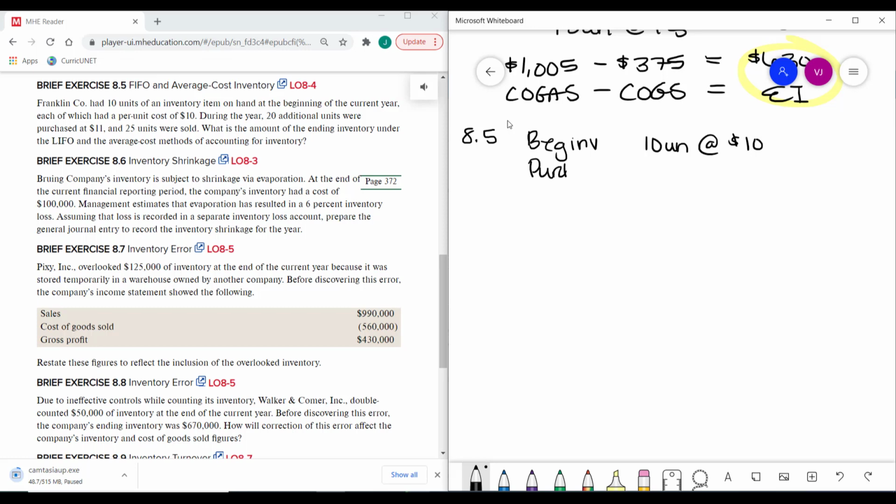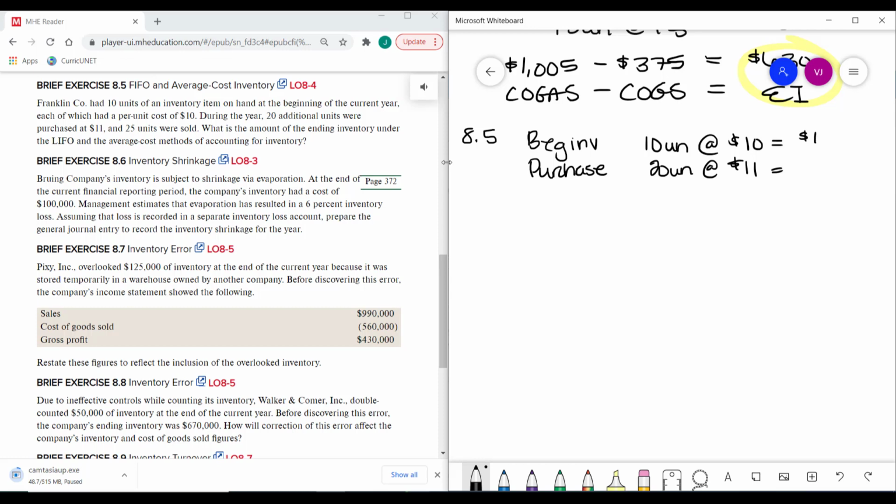Okay, so we have purchase. They purchased 20 units at $11, and 25 units were sold. Okay, we'll keep that off of there. What is the amount of the ending inventory under the LIFO and the average cost methods of accounting for inventory?